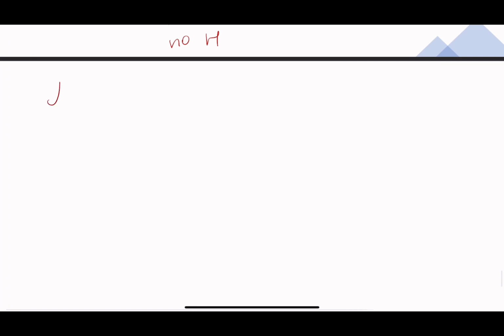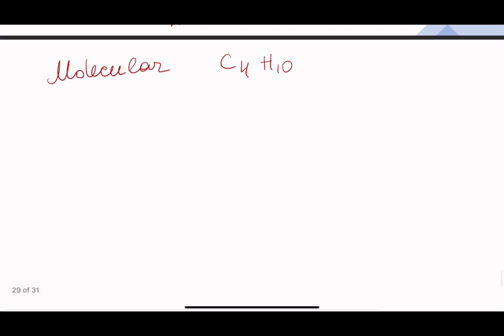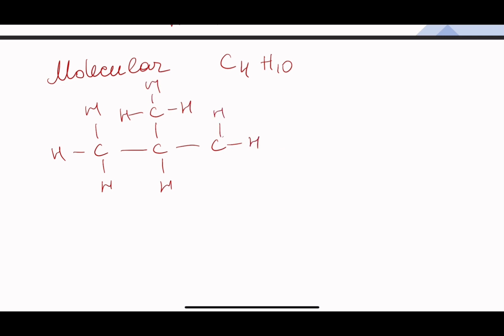So the molecular one is C4H10. Okay, now the expanded form is like this. Carbon, I have here hydrogen, and then I got here hydrogen, and then here hydrogen, and the hydrogen.